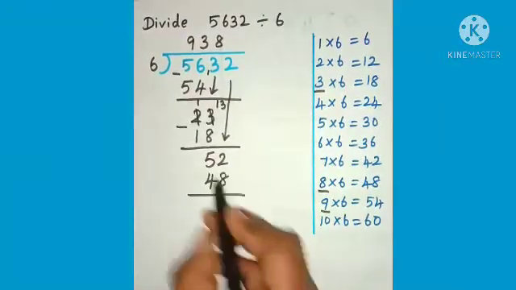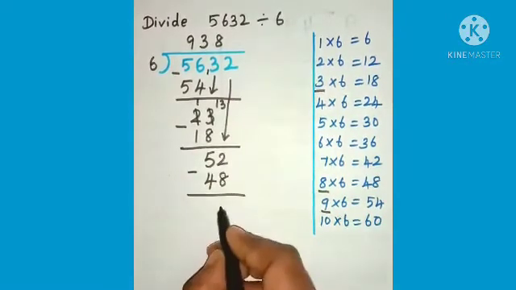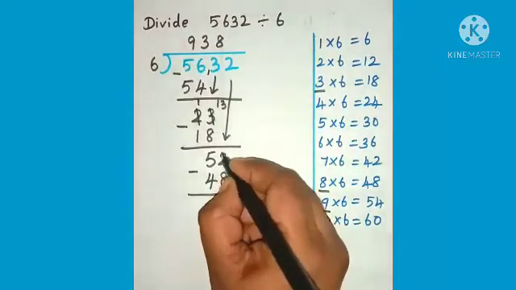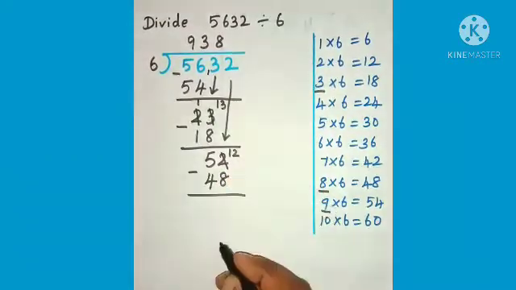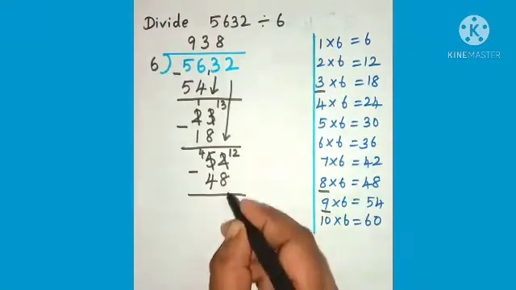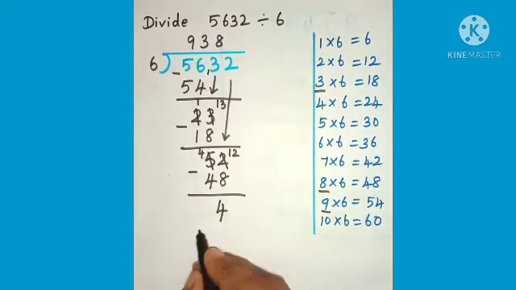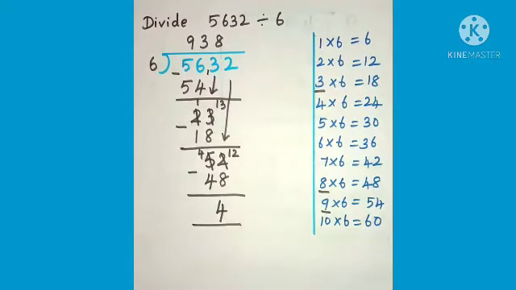Now 8 6s are 48. Now as our next step, take the difference. 52 minus 48, that is, it becomes 12, and here 5 becomes 4. 12 minus 8 is 4. Now listen carefully.